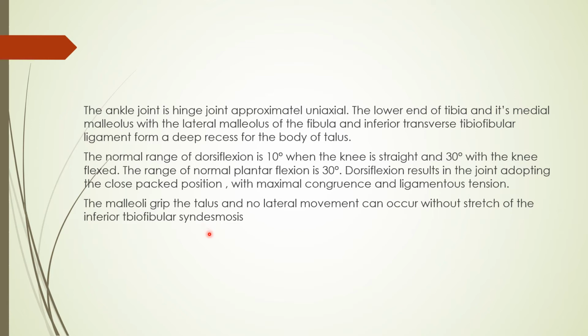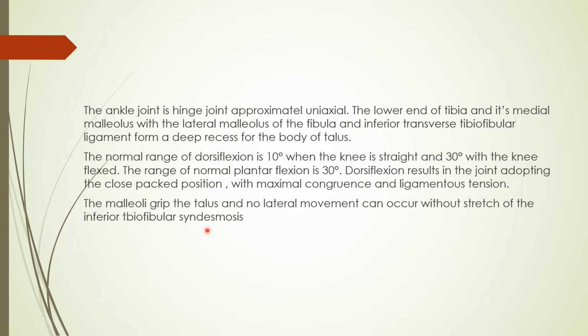The lower end of the fibula is attached to the tibia, not the malleolus, but just above that, the shaft of the fibula is in contact with the lower end of the tibia, where a strong ligament is present, forming the syndesmosis, which fails to separate the lateral malleolus from the tibia.